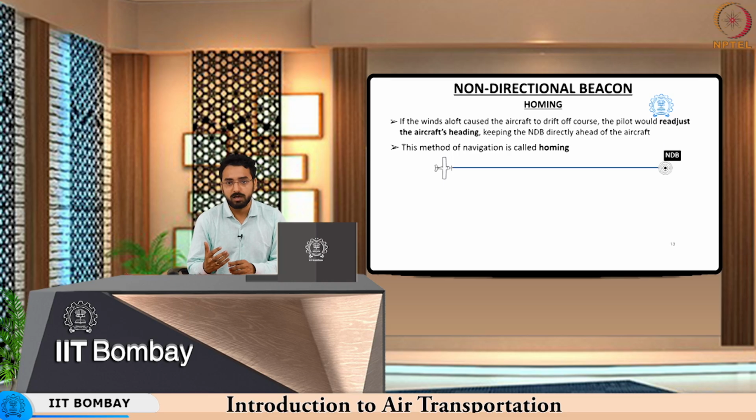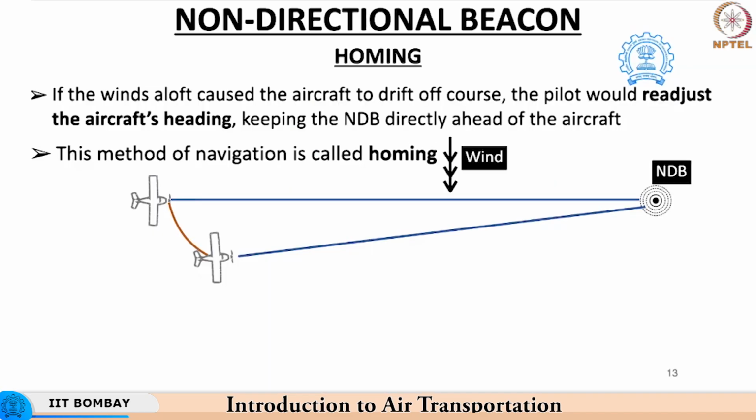Through weather forecast, after a particular interval of time, the pilot realizes that the plane has drifted away from its actual planned course, and also through the wind data that he has at his disposal, he knows what is the underlying wind condition. Because of the presence of this wind condition, the plane will drift towards a particular direction.